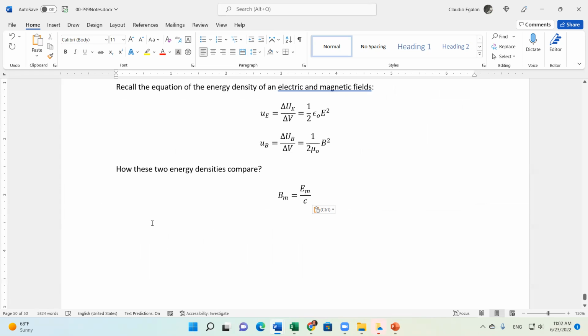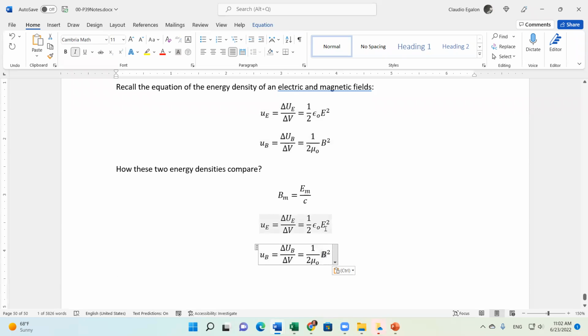So here I'm going to write my energy density due to the magnetic field right here. It's going to be E divided by c.